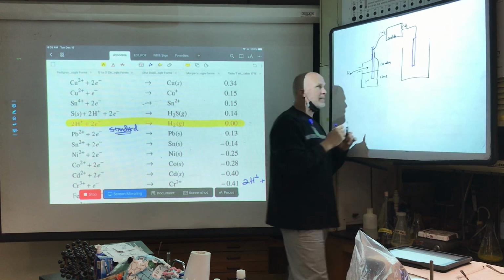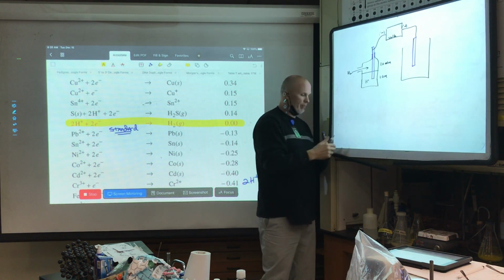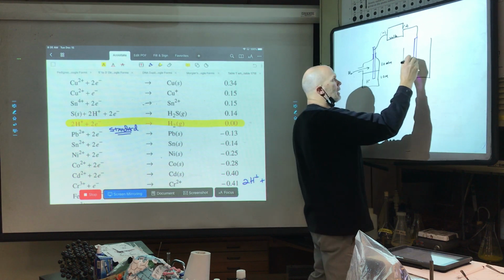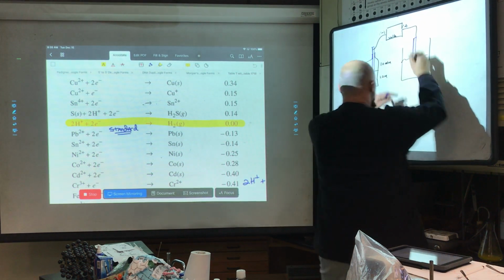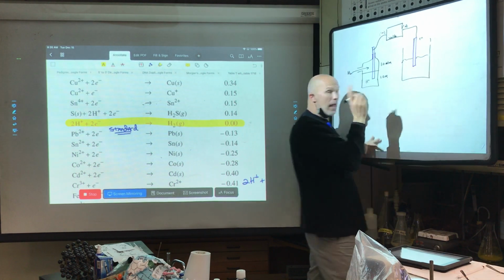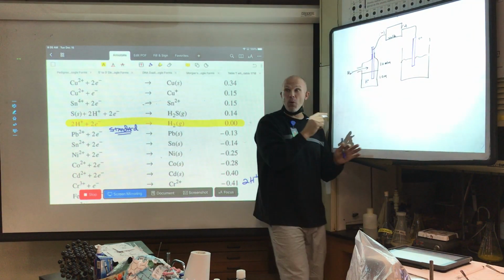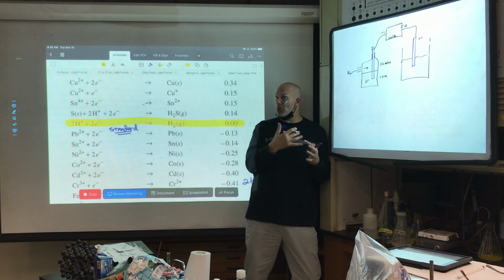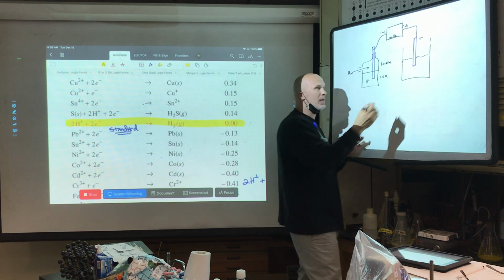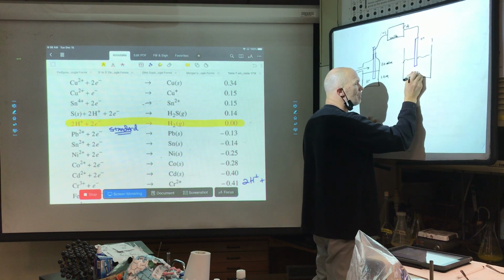Okay, now the test is over here. Like I said before, and I'll use a different one, what if I had zinc metal here? And we always pair it with its ion, because you don't know if the ion is going to get reduced or the metal is going to oxidize. I mean, we know the answer here, but here's zinc plus 2.